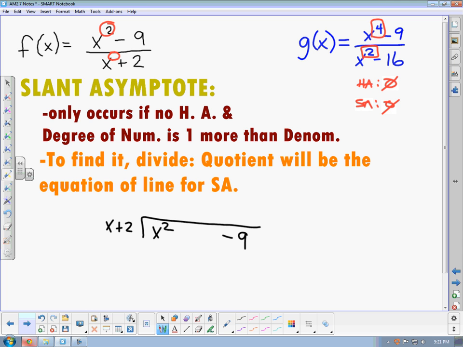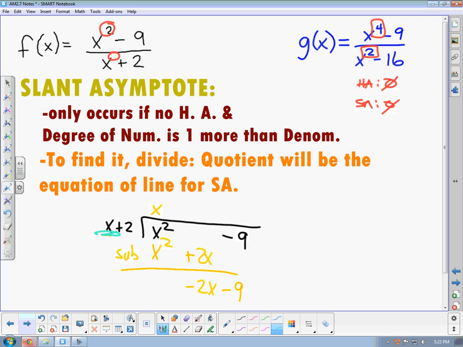And now we figure out what times x gets us x squared, and that would be x. So we get x squared plus 2x. Draw our line and end up subtracting. And x squared minus x squared is 0. 0 minus 2x is a negative 2x, and we bring down the negative 9.